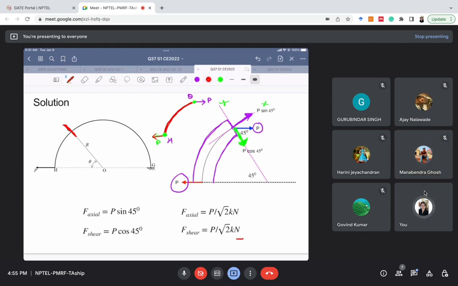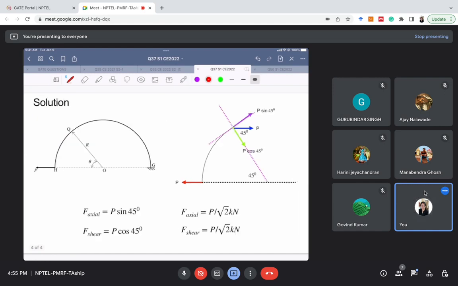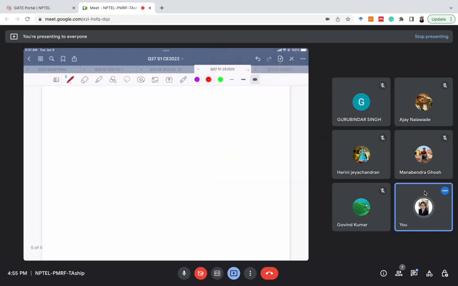So for now we are done. I want to give you a homework problem. Please try it at home, because I've explained this kind of problem last time. Let's say the load is 2 kilonewton per meter, and this span is 5 meter.